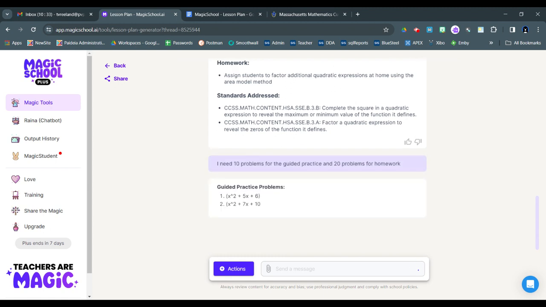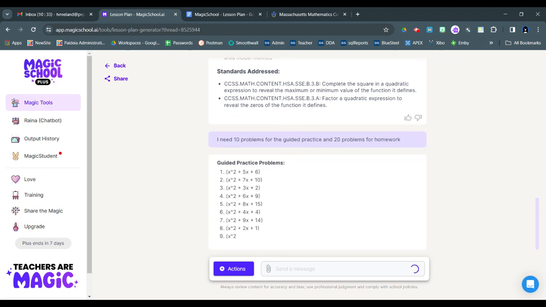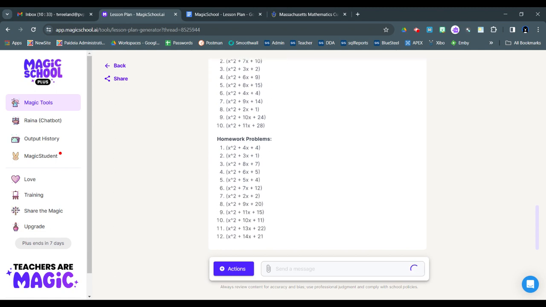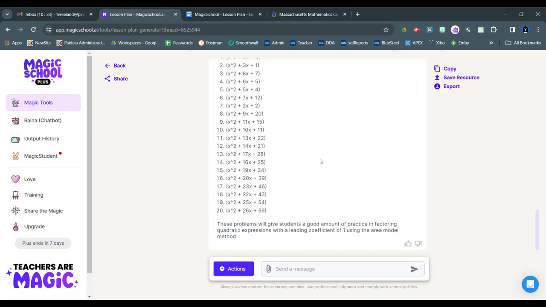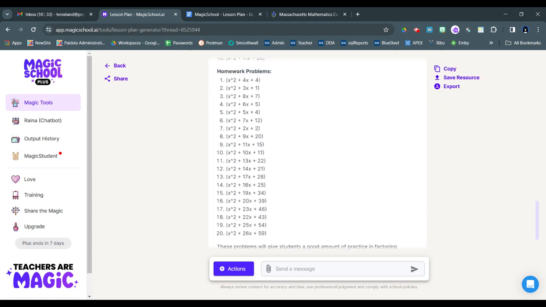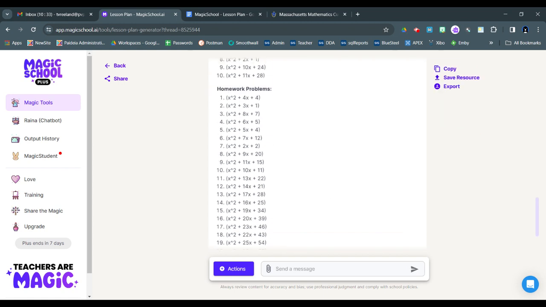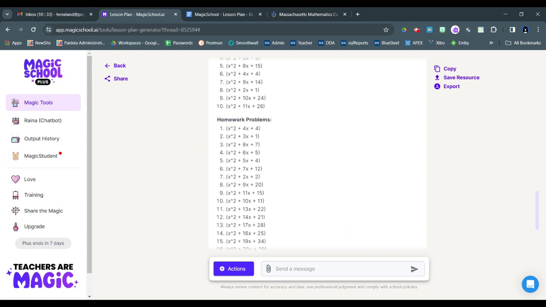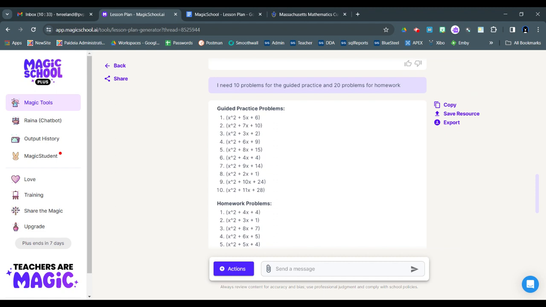And let's see what it does. So it's giving me 10 quadratics to factor for the guided practice set and 20 more to use with the homework problems. And all of these should be able to be solved.